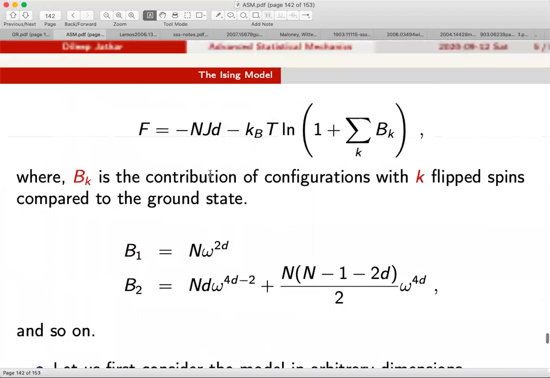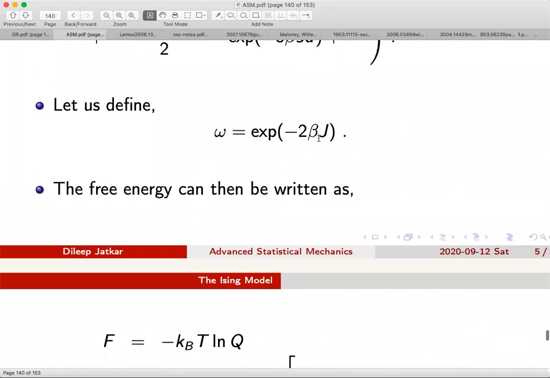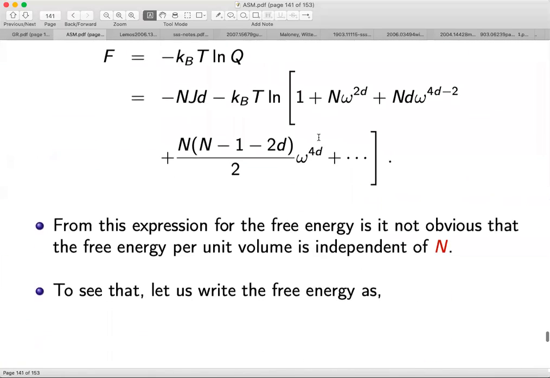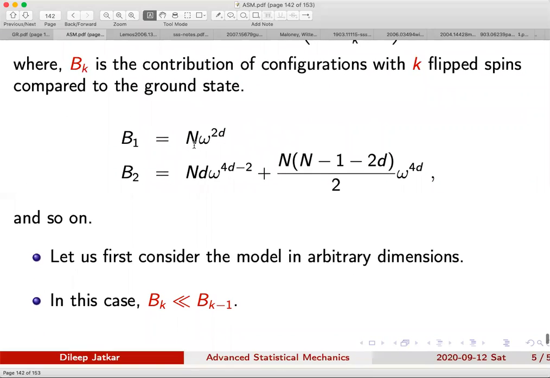Remember, omega is exponentially small, e to the minus 2 beta j. So if the next term is higher power in omega, then it is exponentially subleading compared to the previous one. For example, this fellow is omega to the 2d, whereas this fellow is omega to the 4d or 4d minus 2.